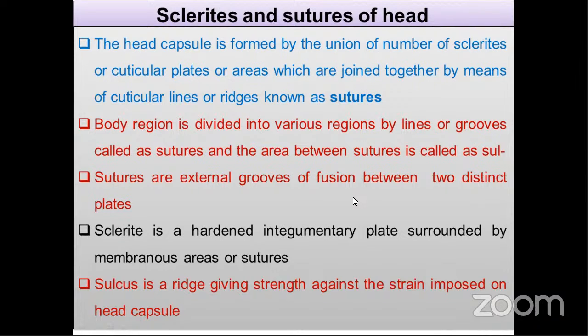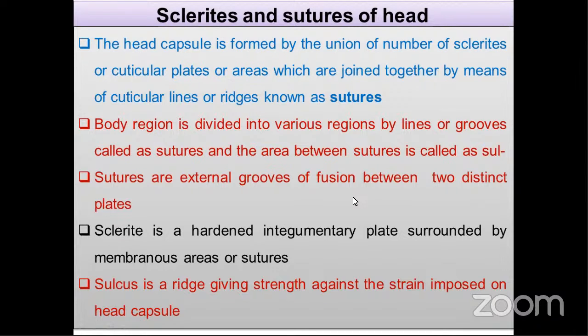The head capsule is formed by the union of a number of sclerites or cuticular plates or areas, which are joined together by means of cuticular lines or ridges. That is called a suture. So joining of two sclerites, we call it suture. Don't confuse this terminology. Lines or grooves that divide the body region or tagma into various regions are called sutures, and sclerite is different.